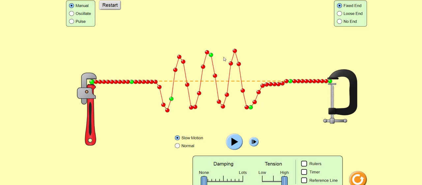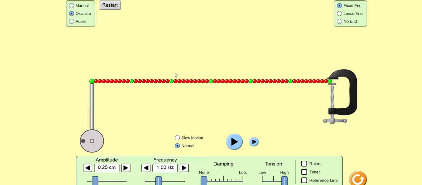It's also worth noting that the frequencies and wavelengths of the incident and reflected waves are the same as well.